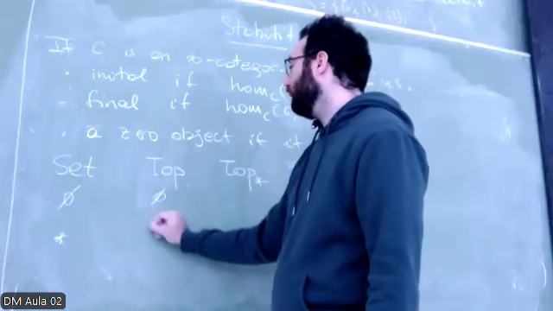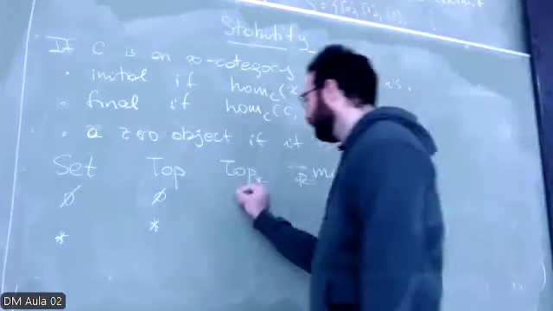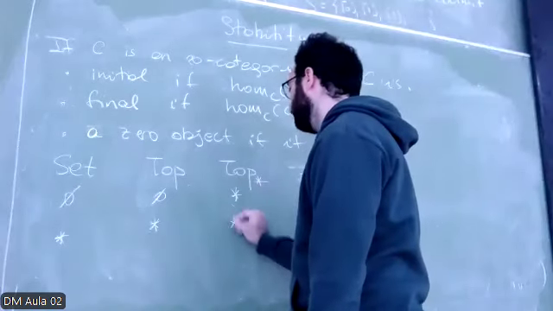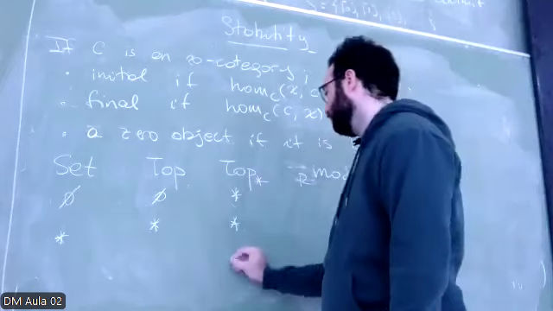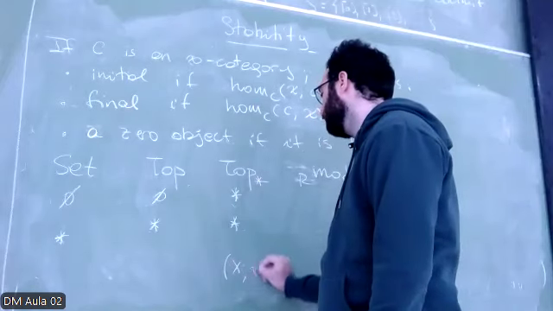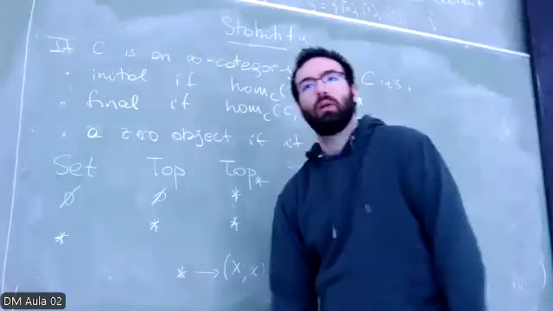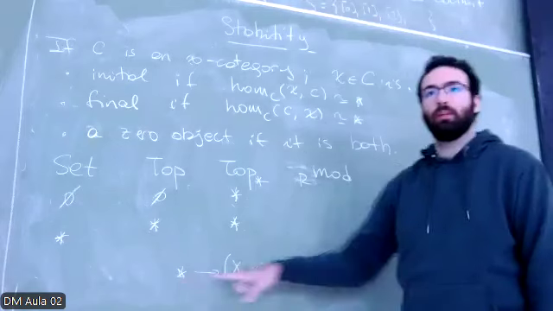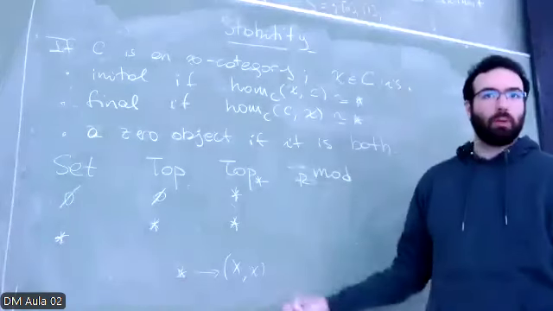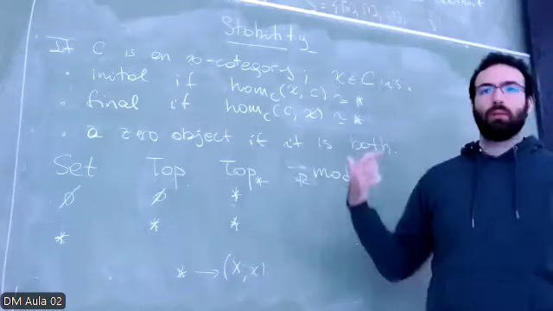But if you instead have pointed spaces, then now the point is a 0 object. Because if I have any object here, x, comma, little x, a map from the point to here is not a selection of any point of x. It has to respect the base point. So there's exactly one choice that will respect the base point, meaning the only point in x that I selected beforehand.